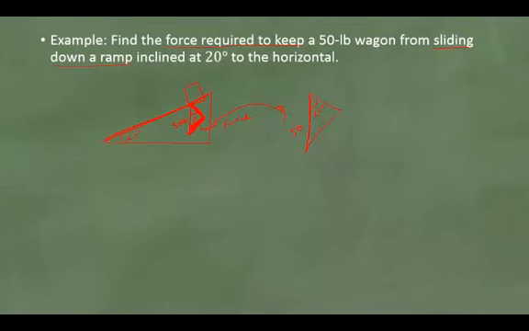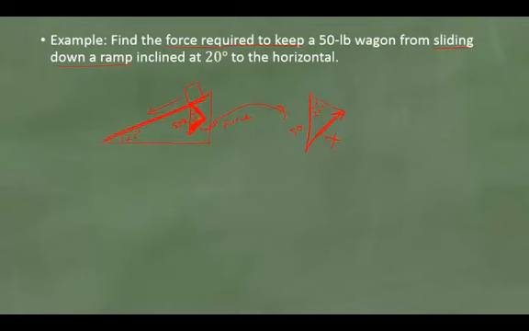We want to find this force, the force that's going to push in this direction. In the opposite direction, since the wagon is trying to slide downward, we want to find the force that's going to push upward. It's called a friction force. Let's call it x. How can we find x?